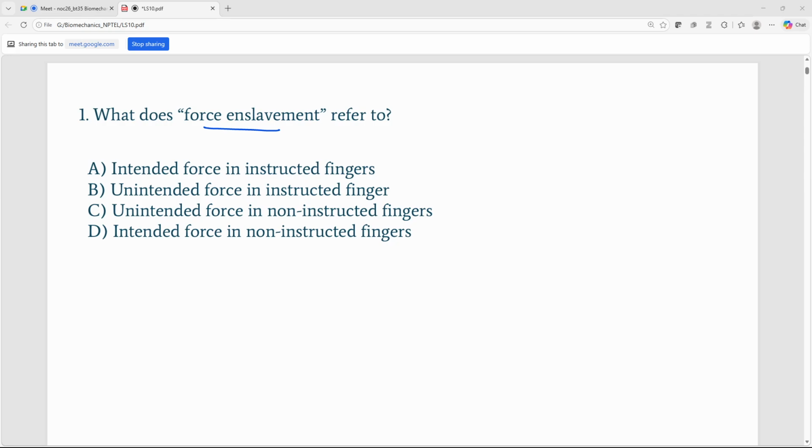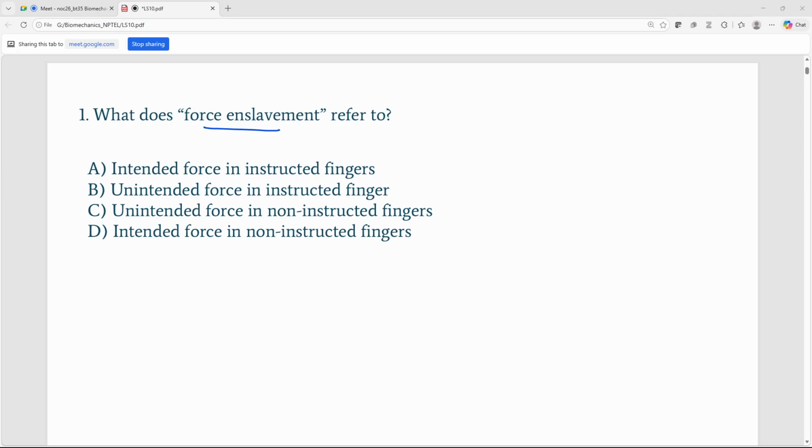Is it the generation of intended force in instructed fingers? Is it unintended force generated in instructed fingers? Option C, unintended force generated in non-instructed fingers. Option D, intended force generated in non-instructed fingers.